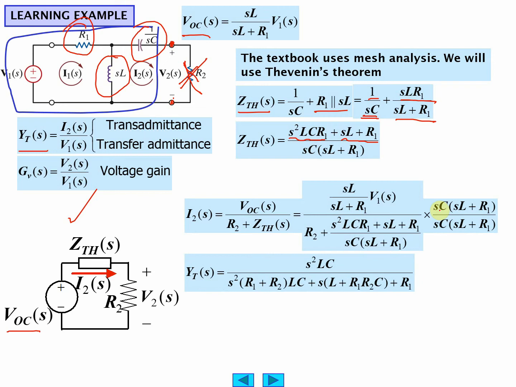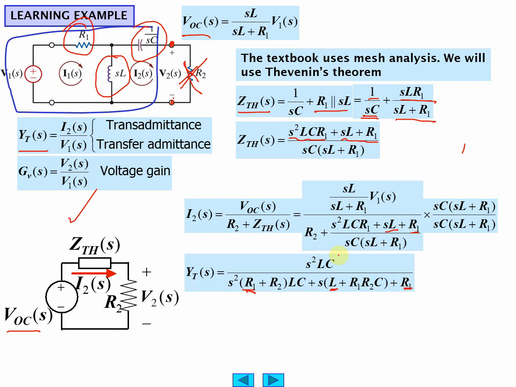Okay, so let's see how that works out. SC times SL plus R1 will cancel out this factor in the bottom. So we should have all the stuff on the top. S squared LC R1. Where is that? There it is. SL, there it is, right there. And R1, all by its lonesome.